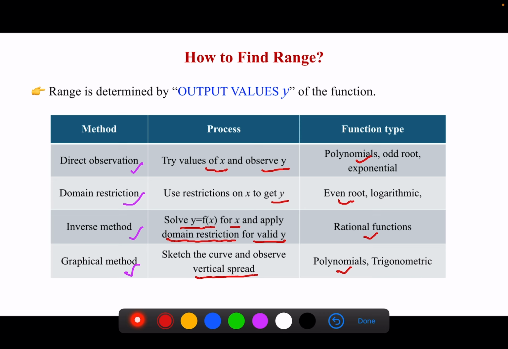For even root function, best to use domain restriction method. For odd root functions and exponential functions, direct observation method is better. And for logarithmic functions, try to use domain restriction method. And remember, for trigonometric functions, graphical method is easiest.